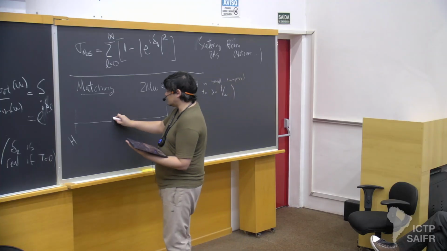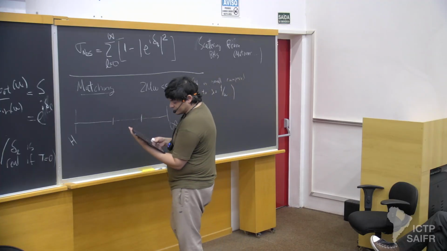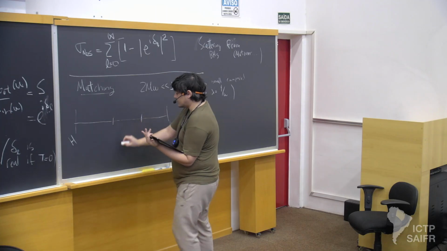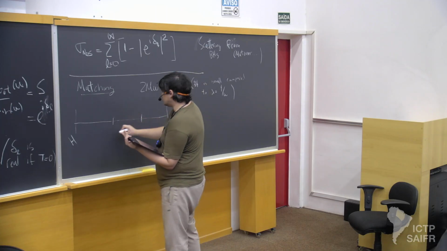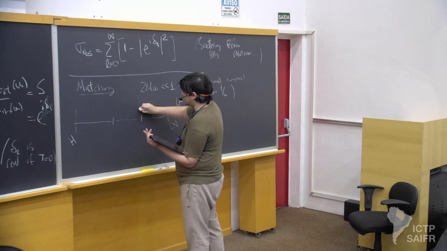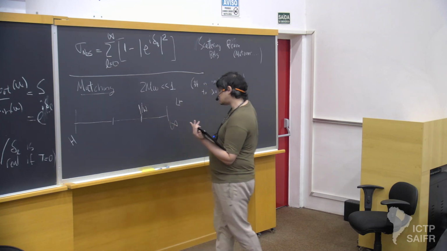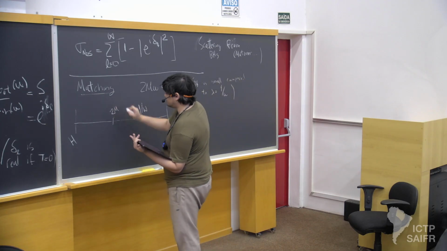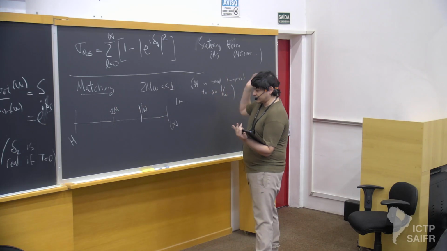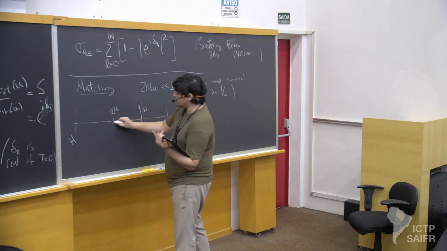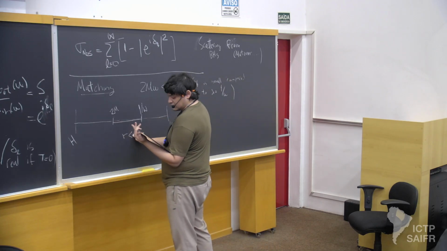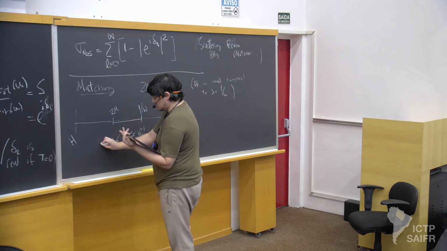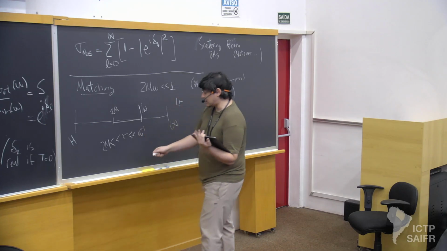Then there is a region where R is smaller than 1 over omega, and there's a region where R is greater than 2M, far from the horizon. So we can do some kind of matching in this zone, which is the matching zone.